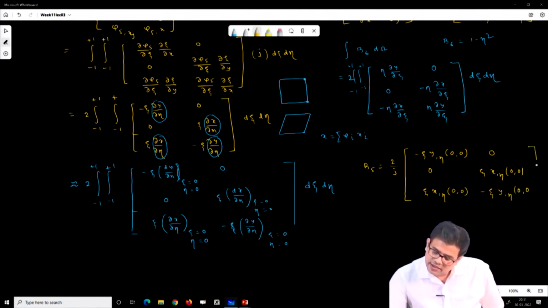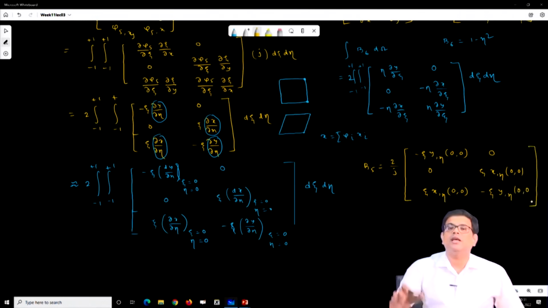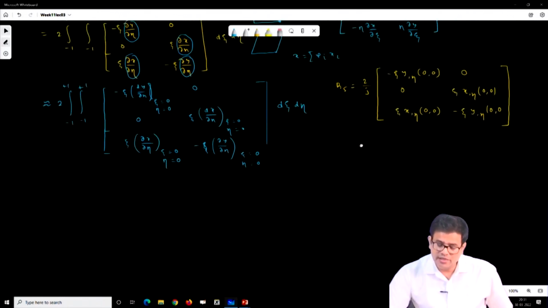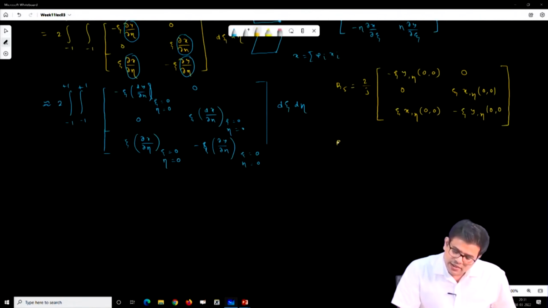So that means the B matrix is evaluated at the center of the element.